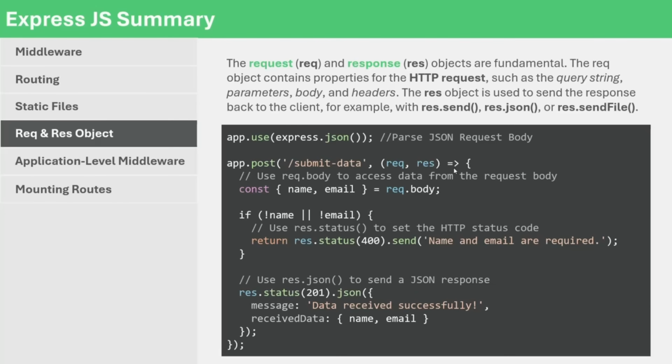The request object contains properties for the HTTP request like the query string, the request parameters, request body, request headers, etc. And the response object is used to send the response back to the client using response.send method or response.json method or response.sendFile method. So we learned about different response methods. For example, using this send method, we can send any type of response to the client. But using this json method, we can only send JSON response to the client.